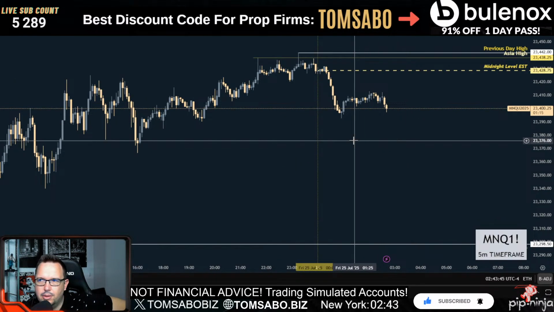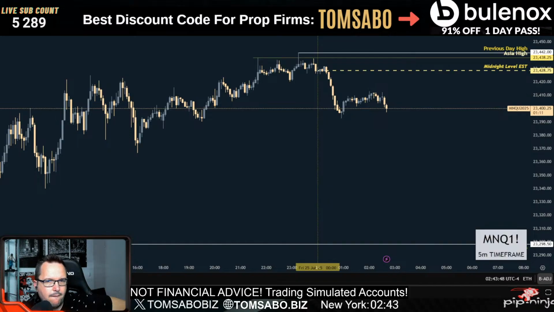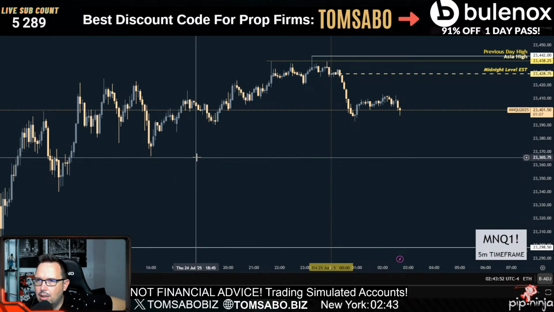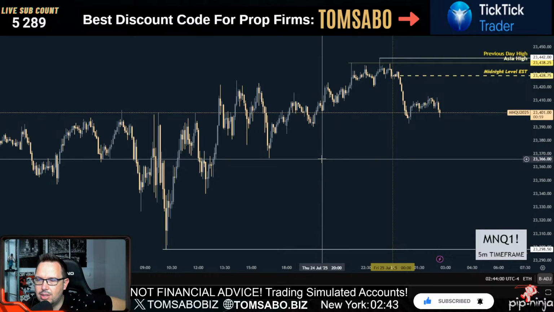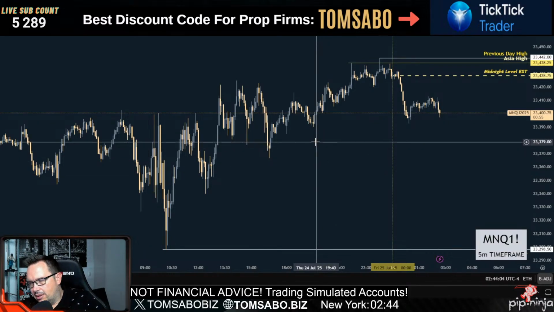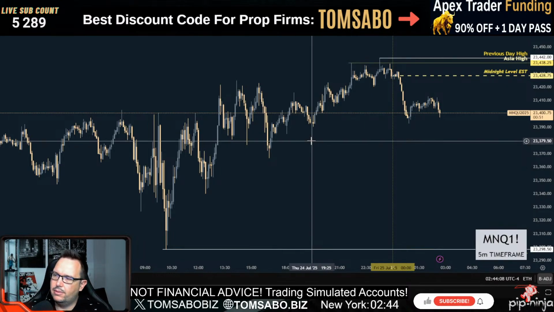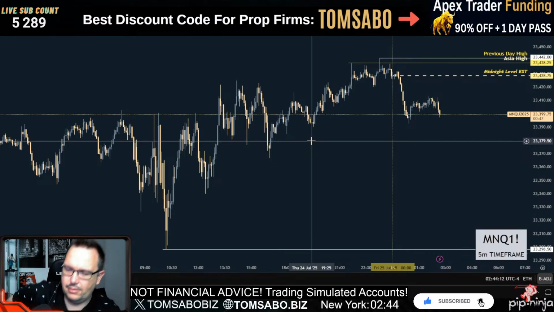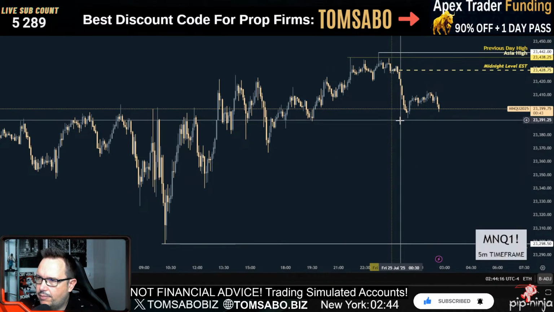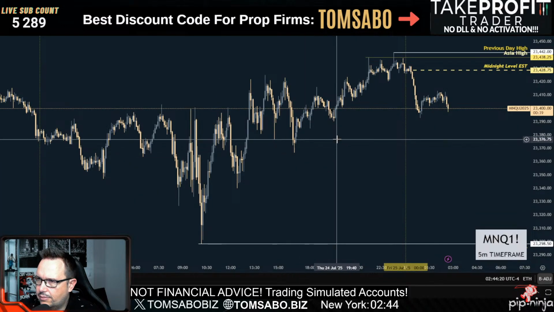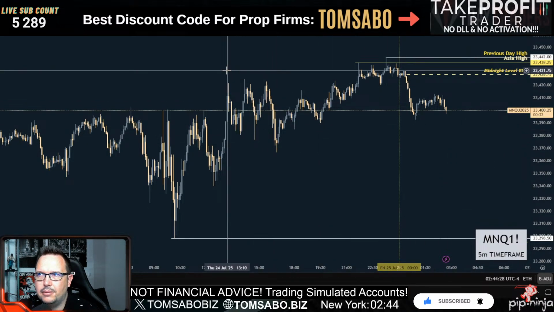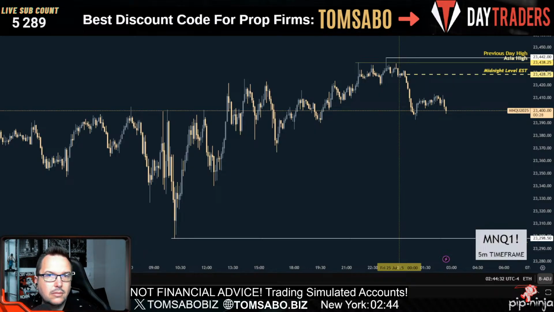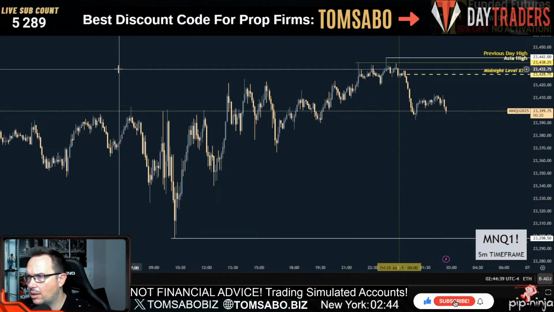What is going on here? Who knows? If you're looking at some levels, I'm kind of looking for the usual order blocks and zones. I'm not seeing anything special here. Yeah, nothing special.